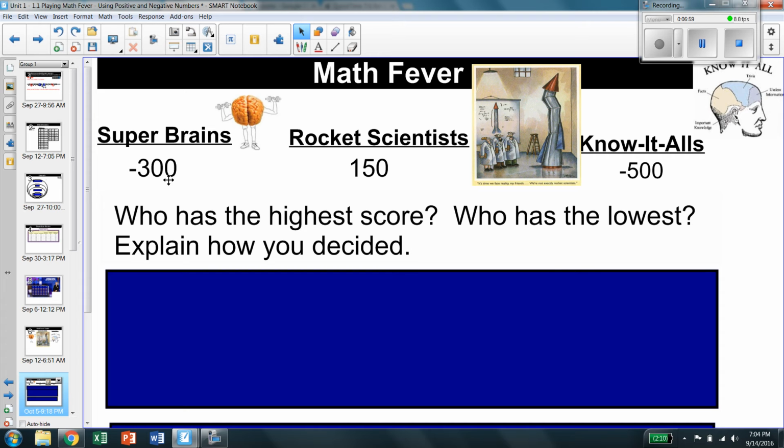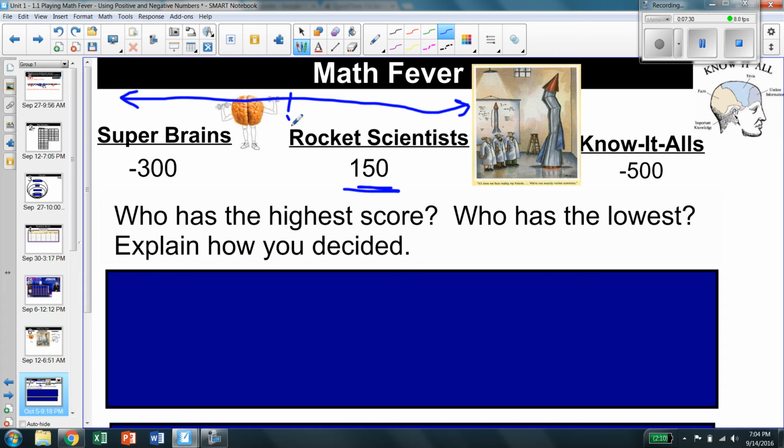Well, if you look at the Super Brains, they have a negative score, Rocket Scientists have a positive score, and the Know-It-Alls have a negative score. So right away, we should think that the Rocket Scientists are in the lead because they have a positive value, so that means they must have done something right. These other guys are in the negatives. So another way to think about this is to think of a very basic number line.